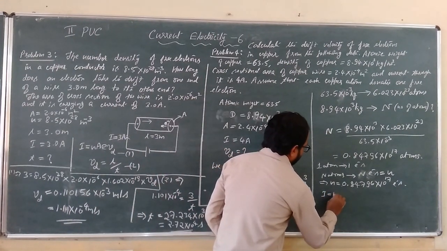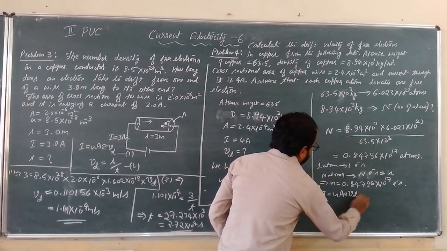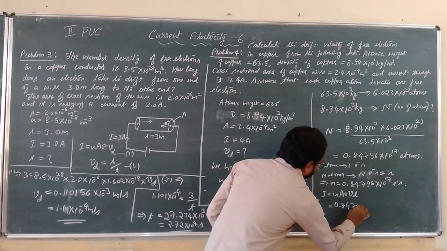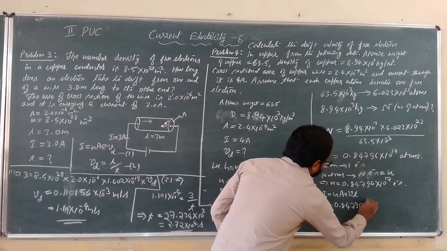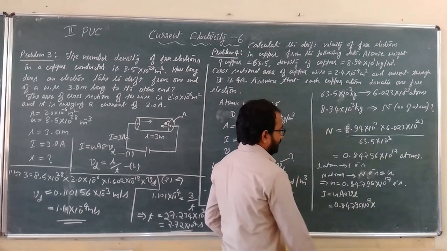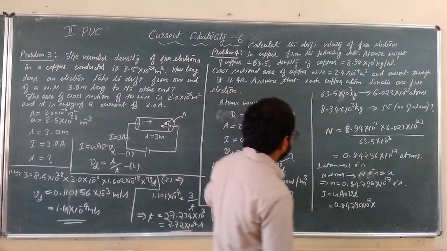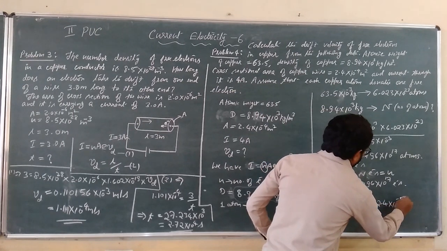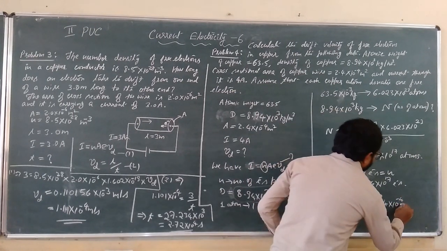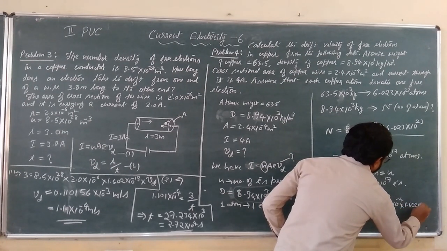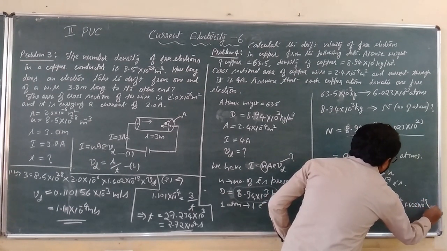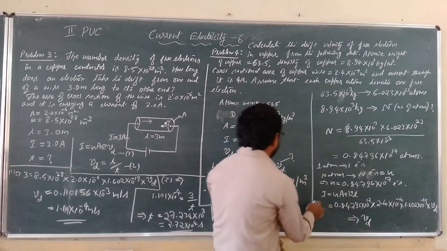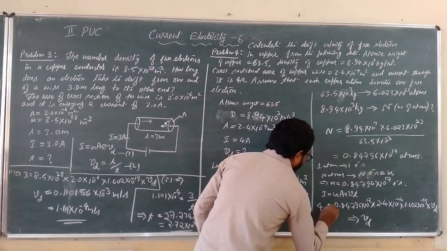So we have I is equal to n A e Vd. That is equal to n, which is 0.84796 into 10 to the power of 17, A, the area of cross section, is given as 2.4 into 10 to the power of minus 4, e is the charge of the electron, 1.602 into 10 to the power of minus 19, into Vd. I is 4 ampere, the current flowing through the conductor.